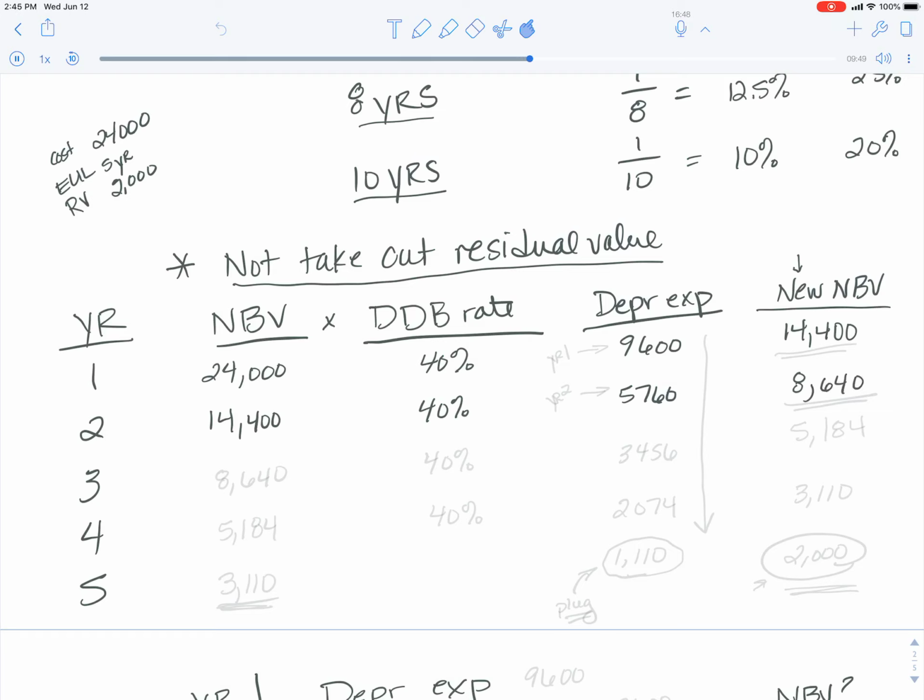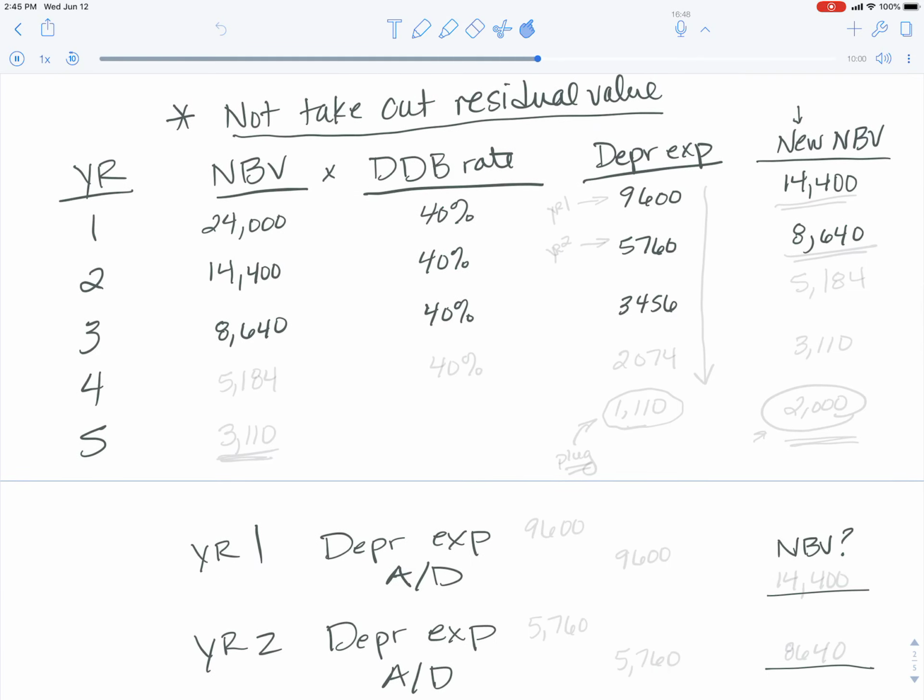So we're going to do it again. Starting with our new net book value, 8,640 times 40% is 3,456. If you take 8,640 minus depreciation of 3,456, you'll get a new net book value of 5,184.